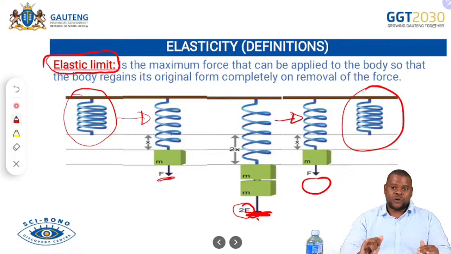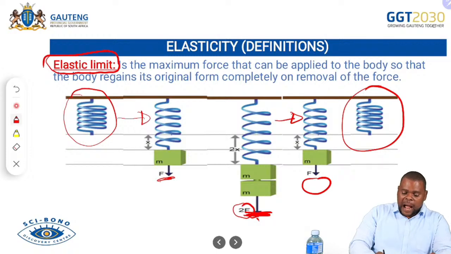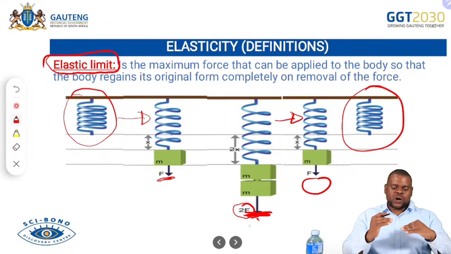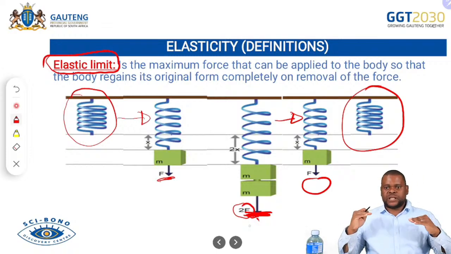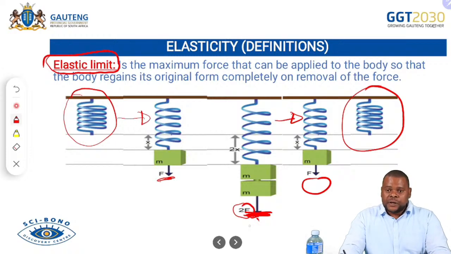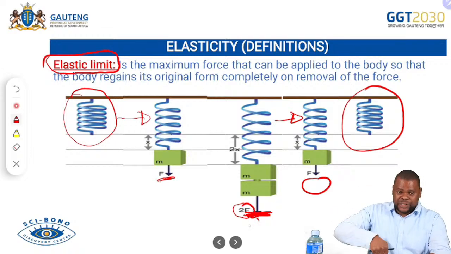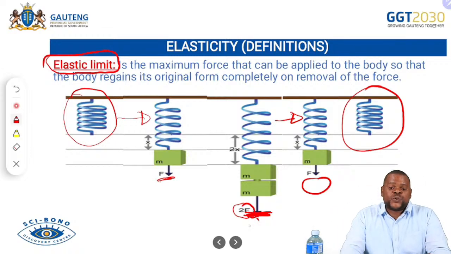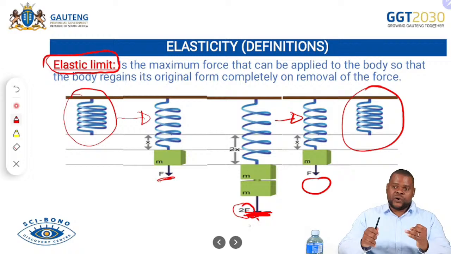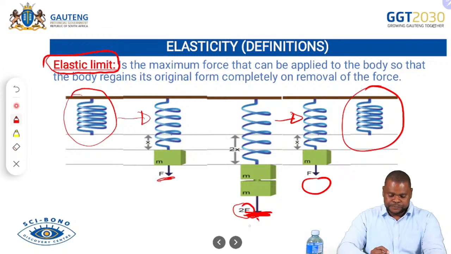There is a point where the force that I'm applying on the spring ends. That is where we talk about a limit. That's where it ends, so that this spring can regain its original size and original shape. But if I continue pulling it, it will reach a point where the spring will not go back to its original size or original shape.